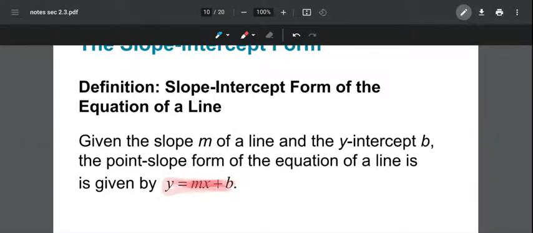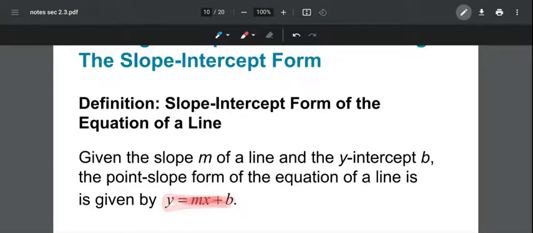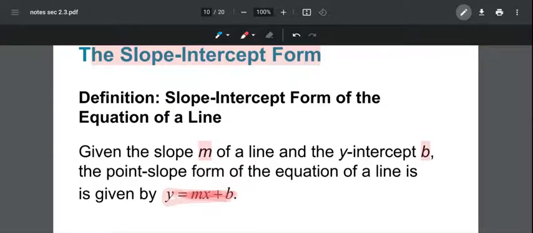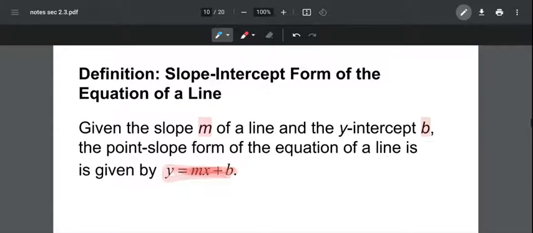This is the slope-intercept form, the equation of a straight line. And why do we call it slope-intercept form? Because we know the slope, we know m, and b represents the y-intercept. So in slope-intercept form, we know the slope and we know the y-intercept.